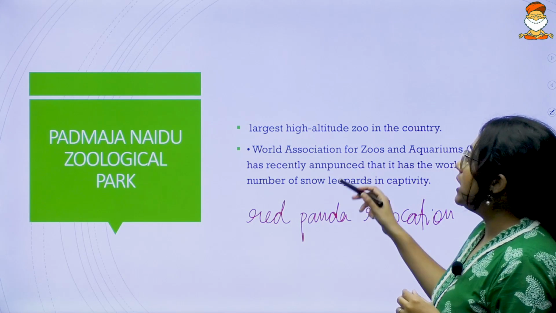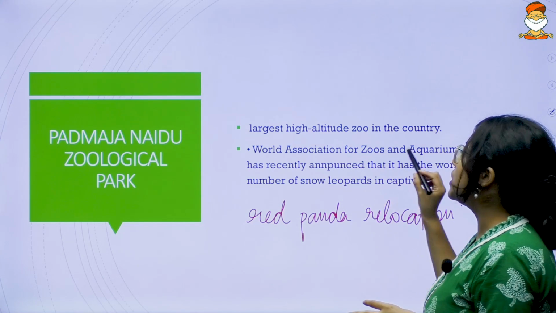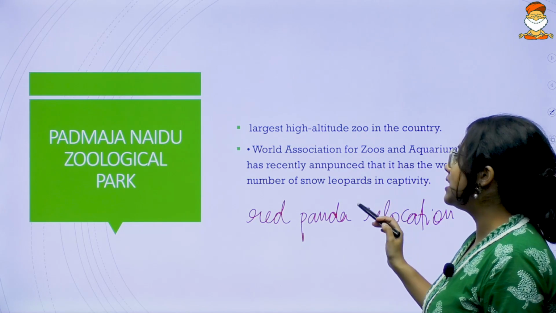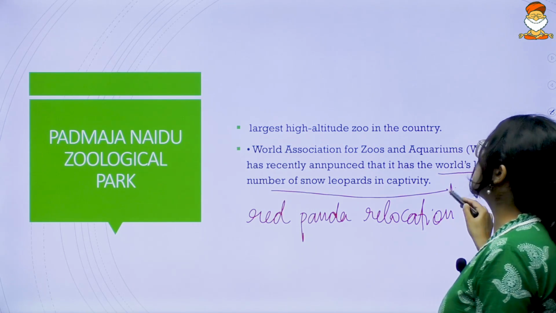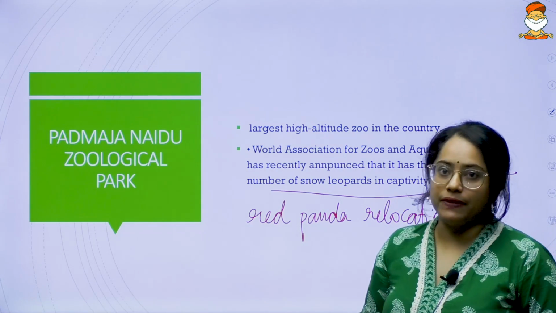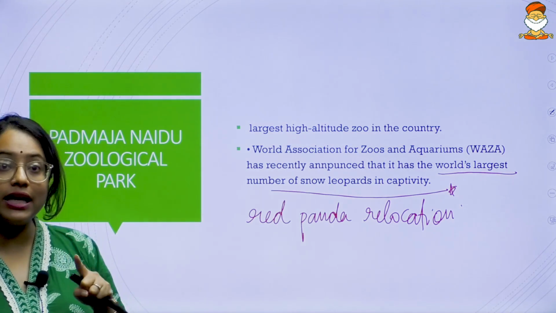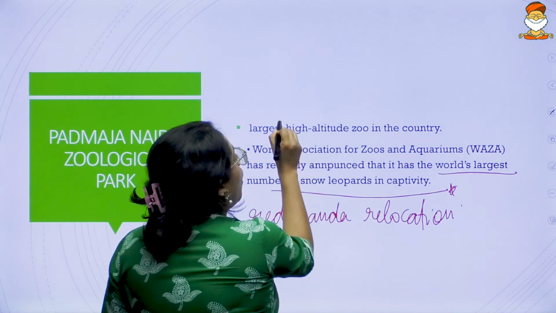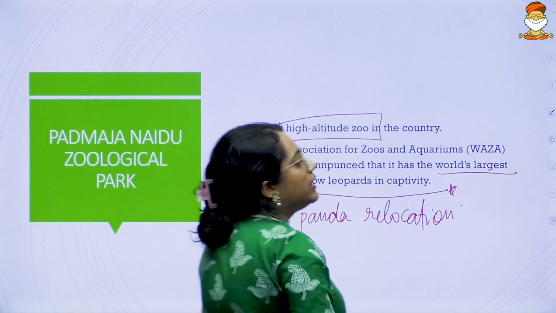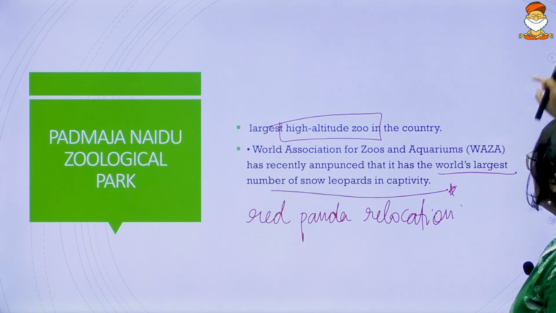Here you will also see this year it was there in news. Why? Because the World Association for Zoos and Aquariums has recently announced that it has the world's largest number of snow leopards in captivity. Largest number of snow leopards in captivity. That is the first thing. Second thing is it is also the largest high altitude zoo in the country. Because of both of these reasons, it was there in news.